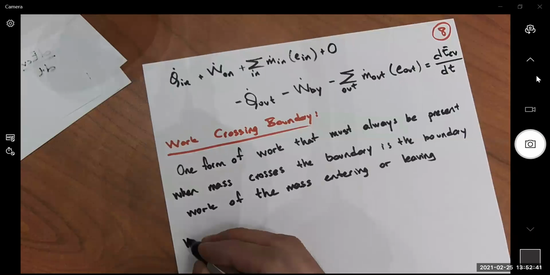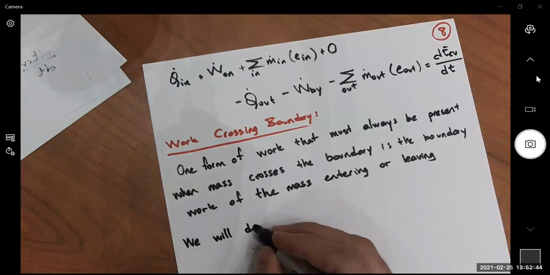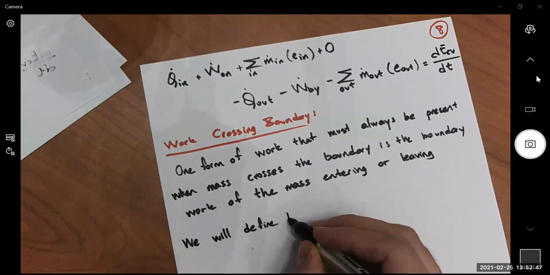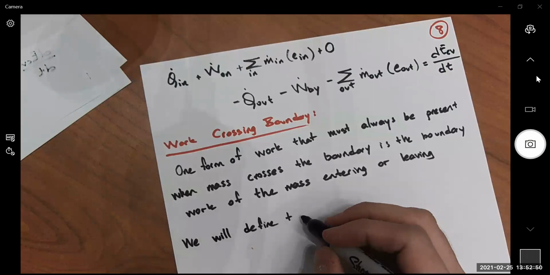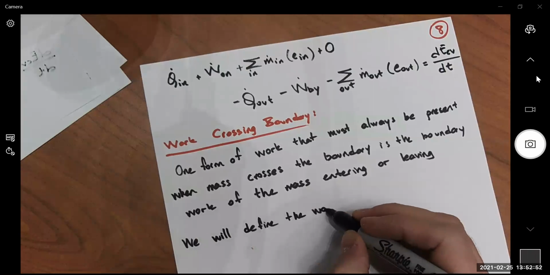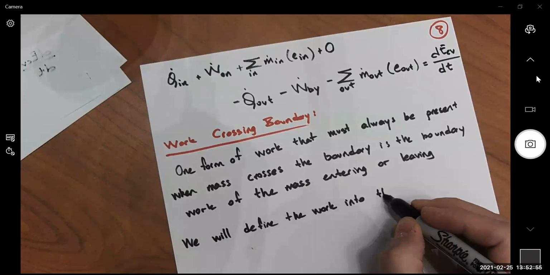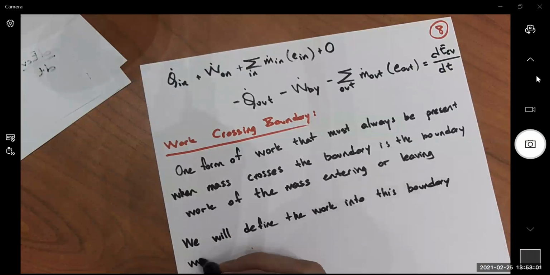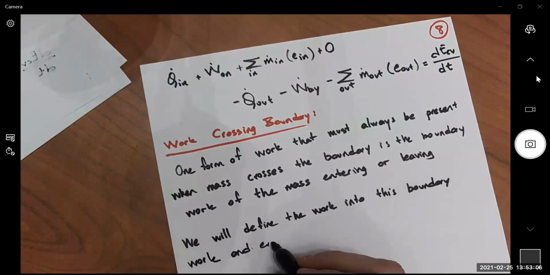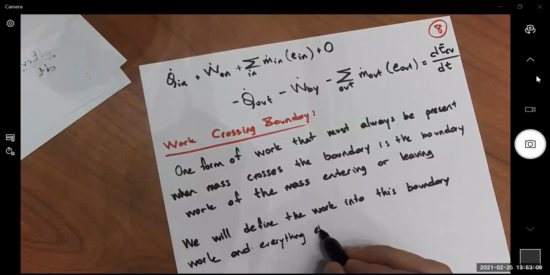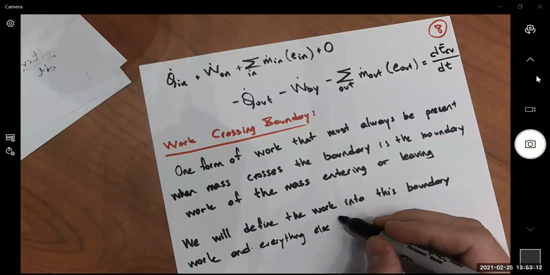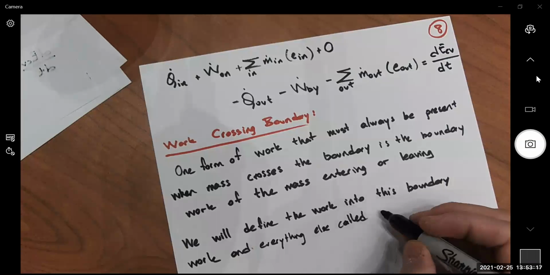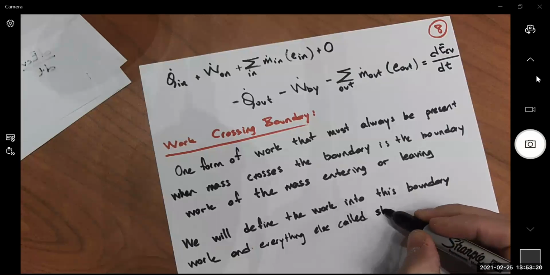So we will define the work into this boundary work, and also everything else would be called shaft work.